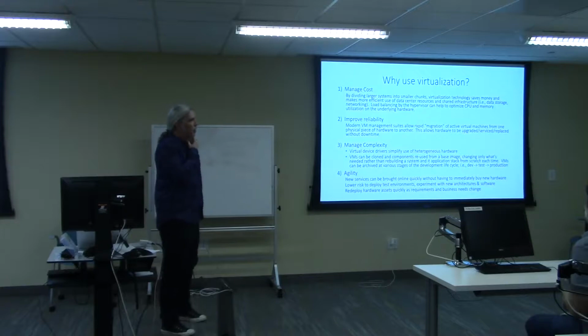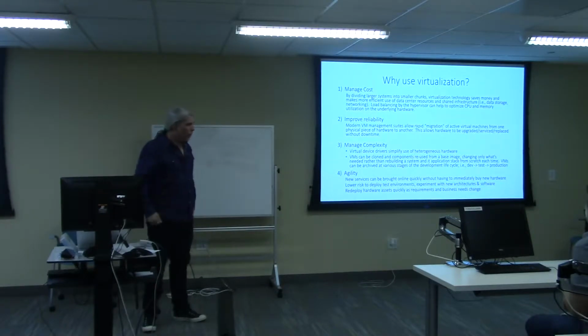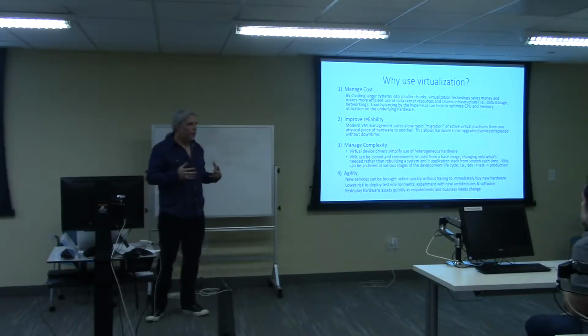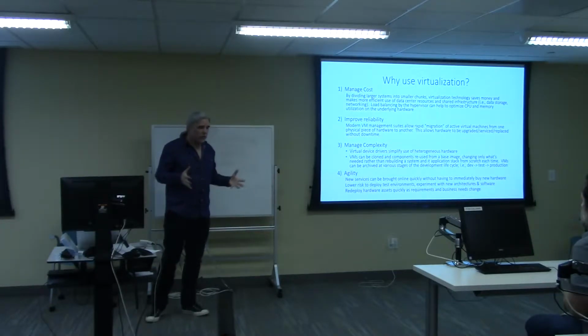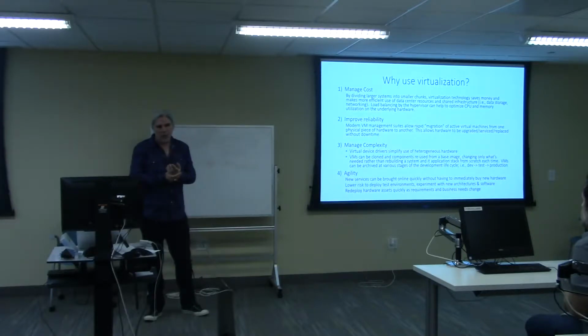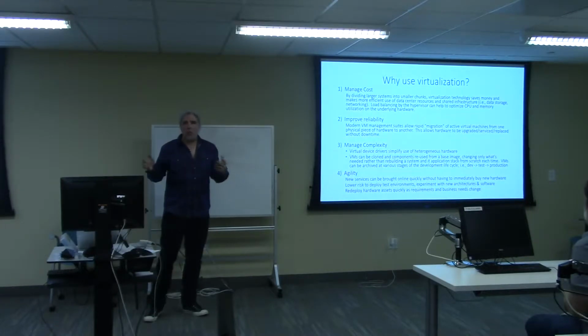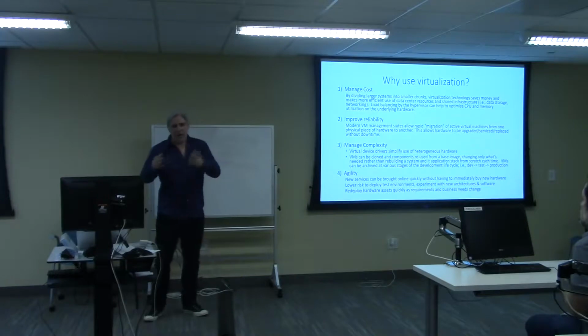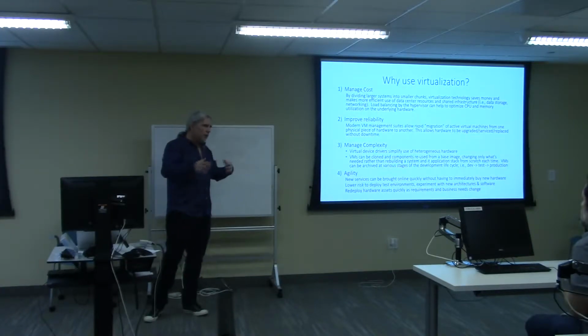The biggest reason that people started using virtualization was to manage costs, because you can get a lot more versatility and utilization out of a large system. In a university, academic environment, or a business environment, you have all these different groups that need servers. I need a web server for my department. I need a database server for my department. I need this and I need that.